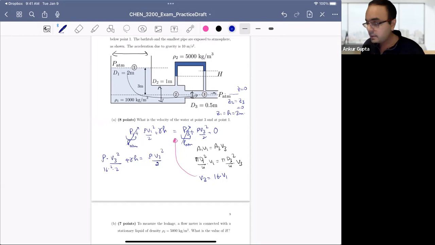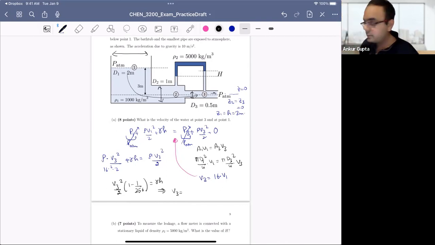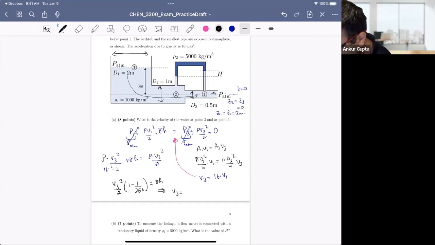All right. And then if I take this to the other side, this becomes V3 square by 2 into 1 minus 1 by 256 equal to gamma H, which implies that V3 is equal to 2 into 256 by 255, and there is a rho as well, sorry, don't forget the rho.